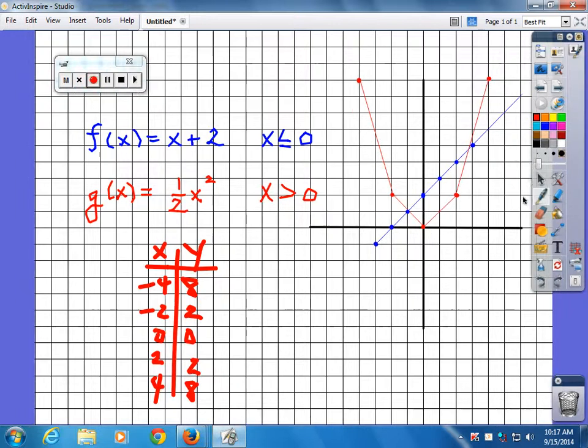Okay, now you are done with drawing what you need to draw. Now you just need to erase what you don't need. Simple as that. So, take our handy dandy eraser. I don't know if it'll erase these lines, but we'll delete them if we need to. The blue line, X is what? Less than or equal to 0.